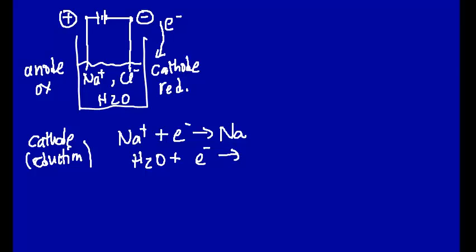What we're going to reduce is the hydrogen +1 oxidation state to make H2 gas. And then we'll make some OH- over here. To balance this, let's put a 2 in front of the water. We'll then have 2 electrons, 1 electron from each hydrogen H+ to make H2 gas, and we'll put a 2 here to balance.